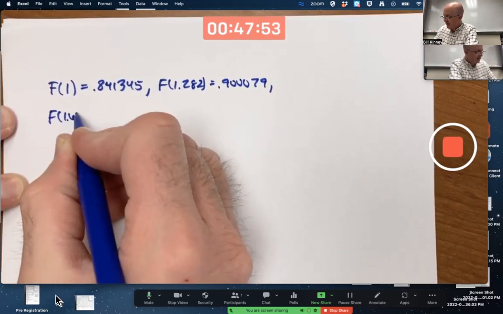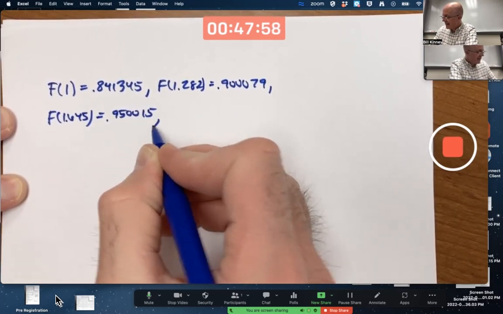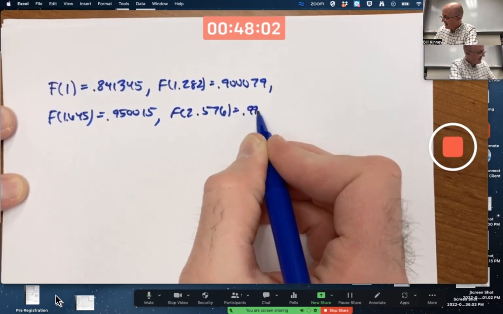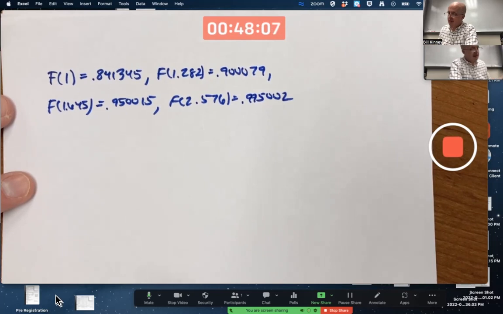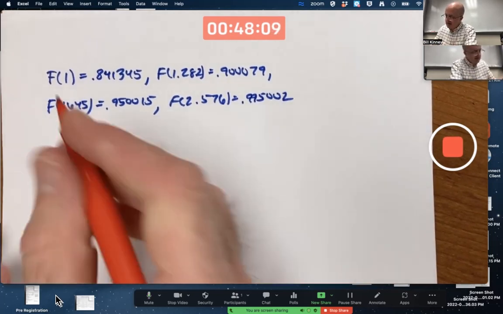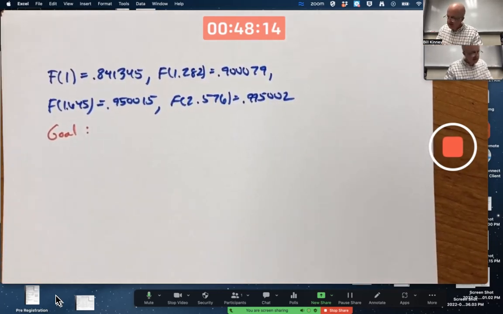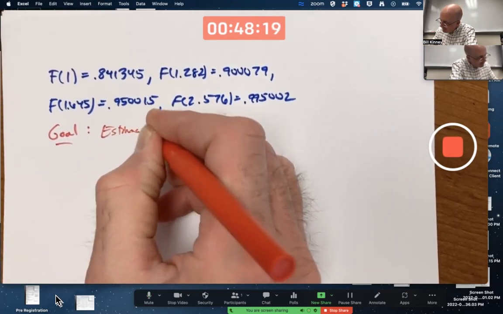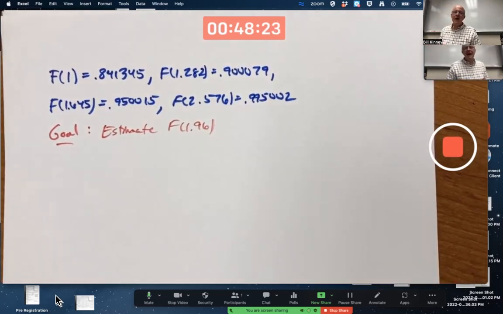F of 1.645 is 0.950015, and F of 2.576 is 0.995002. And we're going to approximate once again, the goal: estimate F of 1.96. But now we're going to use a different method.